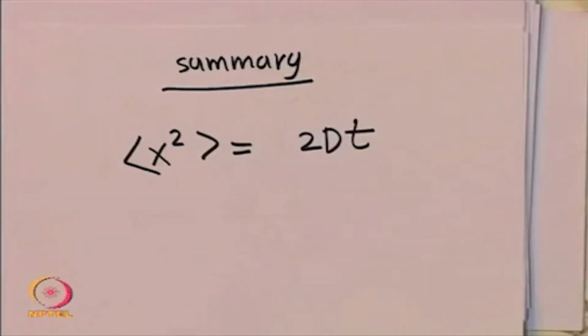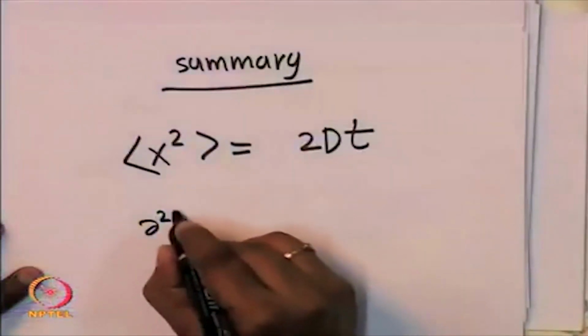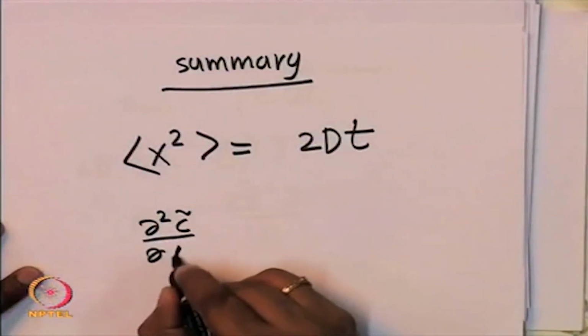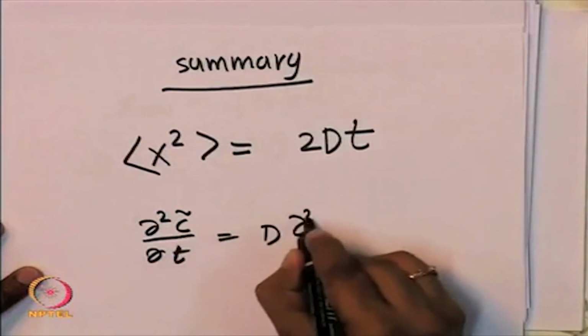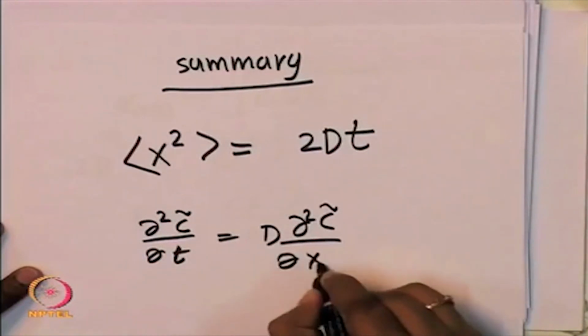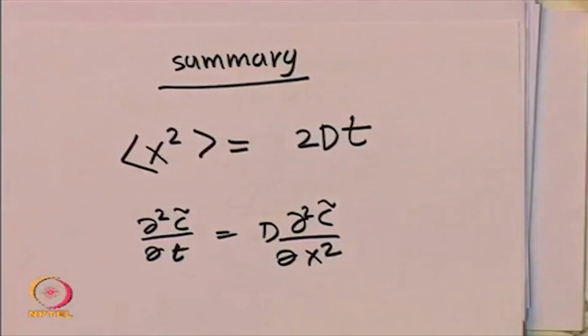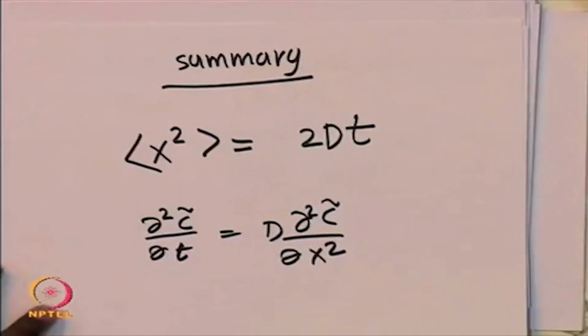Just realize that without solving the diffusion equation, by doing a trick, by just realizing that at infinities the concentration will be 0, we found that x square average is 2 dt.